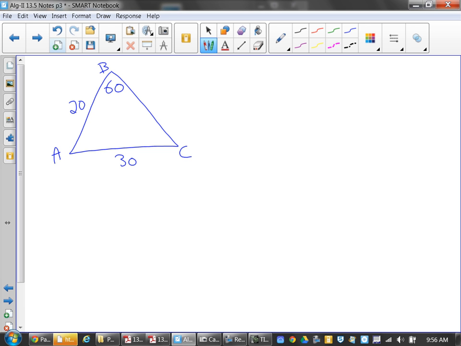Notice this is again a side-side-angle scenario, which means when you see that, you got to take your time just to double check, make sure things are going to work out. So when I set this up, which angle is it trying to get me to find first? C. Good. So we start with that. We get the sine of 60 is to 30, as the sine of C is to 20.